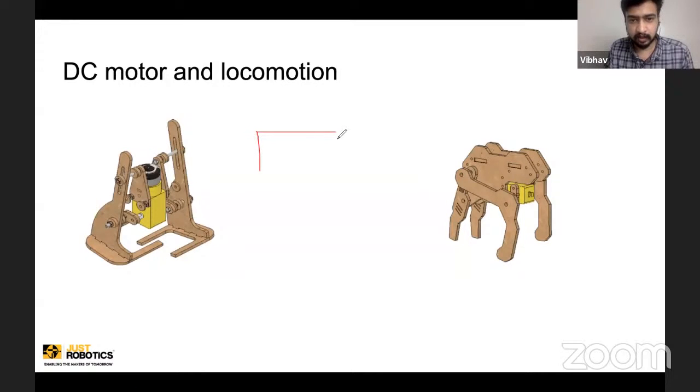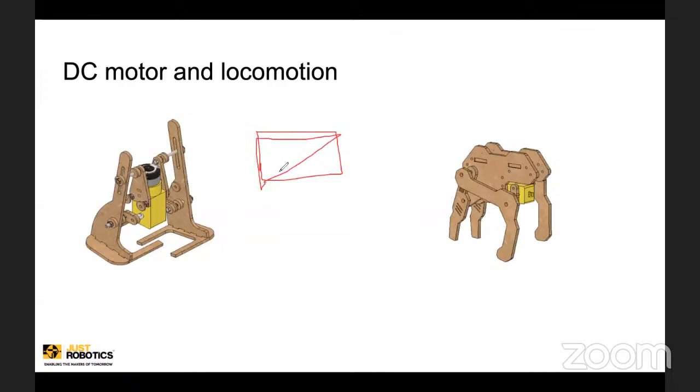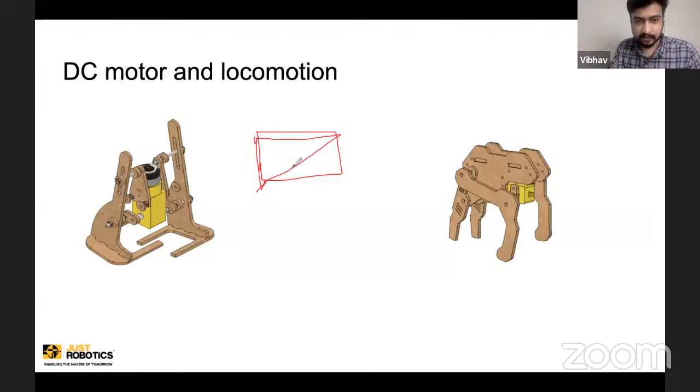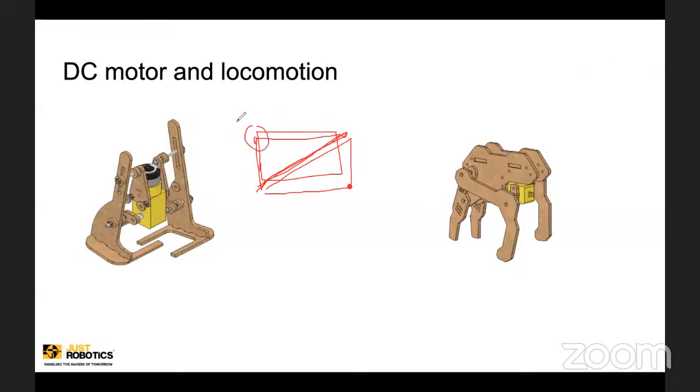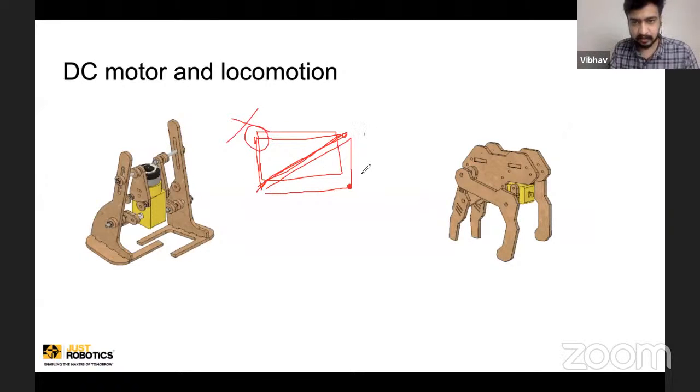The contact polygon was this rectangle, and when the leg was lifted, this triangle. When it was lifted further, this line only, and the next contact polygon was this, because the right leg is now stomped on the ground. This is not there now. So you see the contact polygon pattern will be like this as it goes.